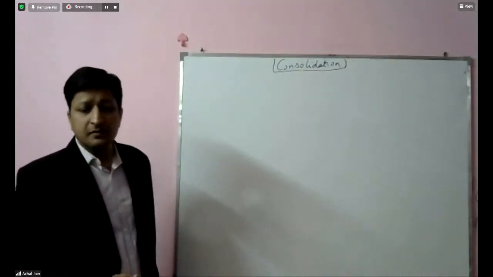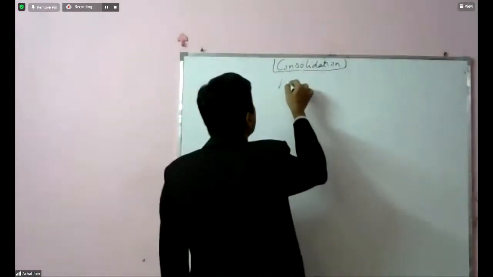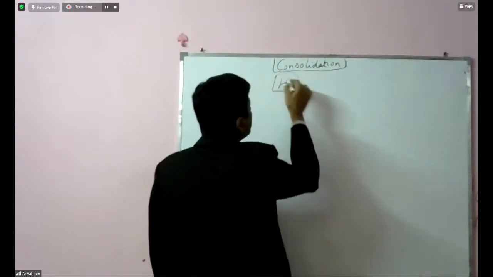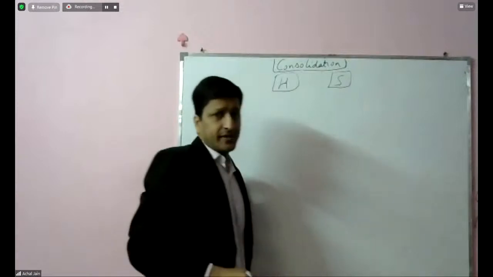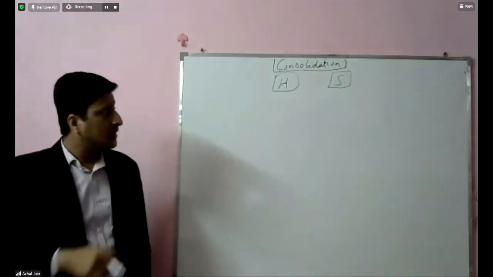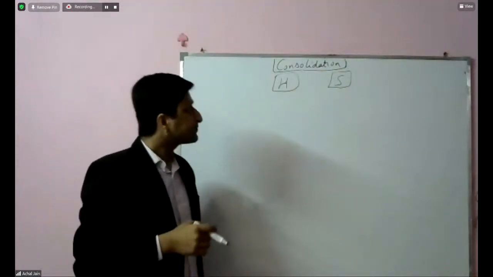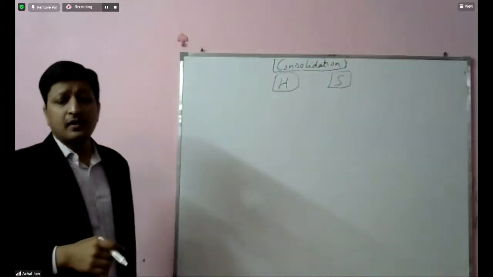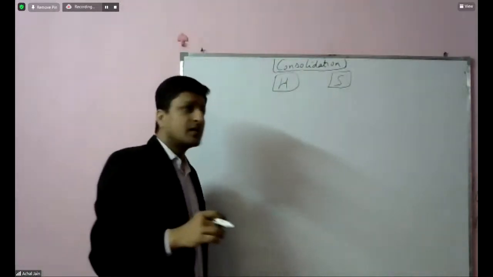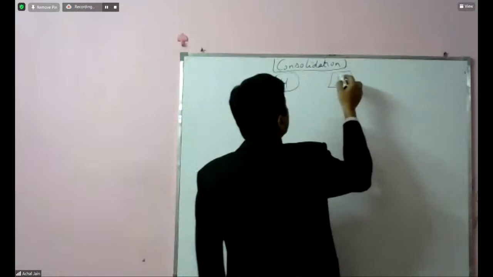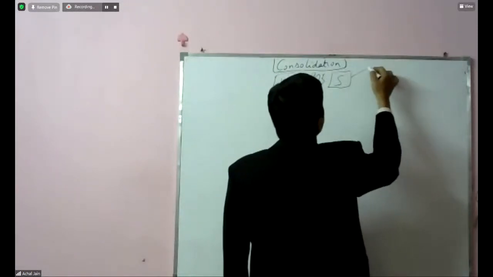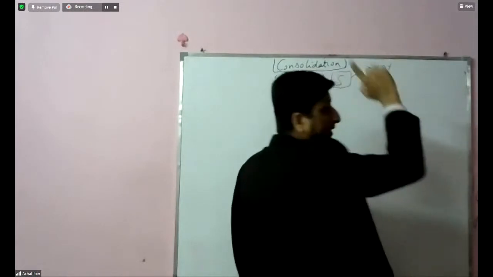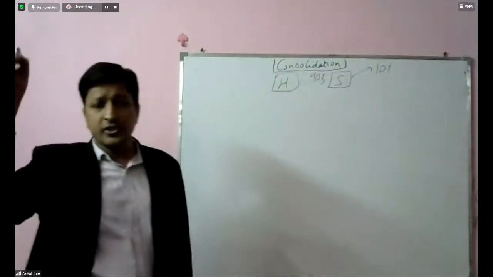Let's see what it means. H is the holding company, S is the subsidiary. Say for example, in S, 90% of the shares are held by H. So that means 10% are held by other shareholders.